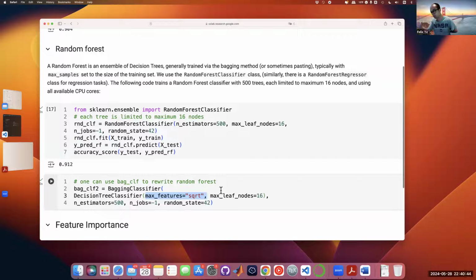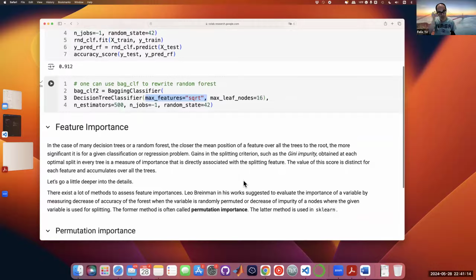For example, if we have 9 features, we only take 3 features out of 9 as the maximum features to create these decision trees. This is the default setting of random forest. Of course, you can change that. So these two will be completely equivalent in these cases.